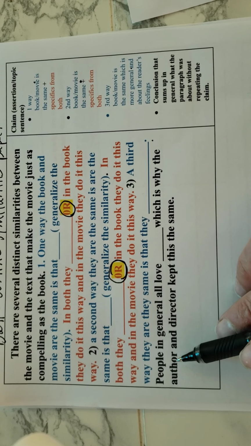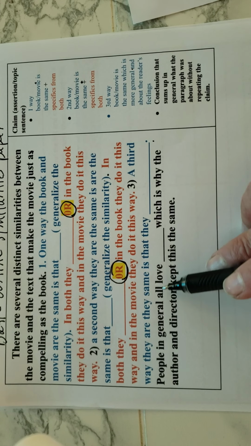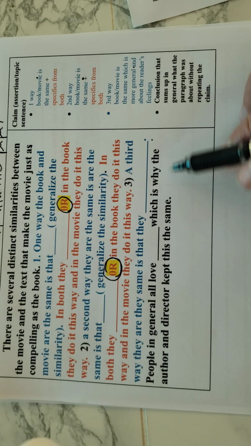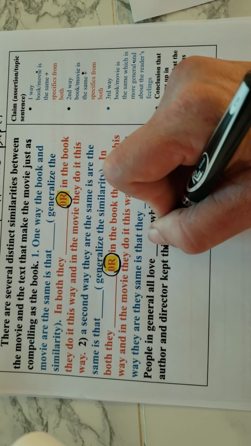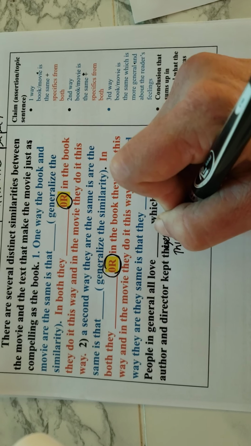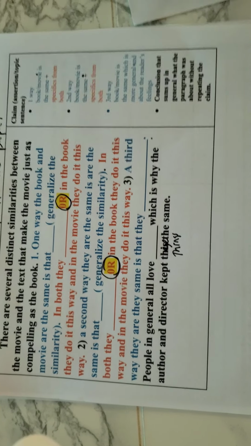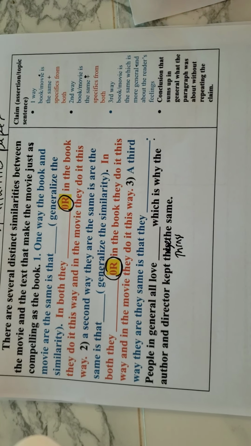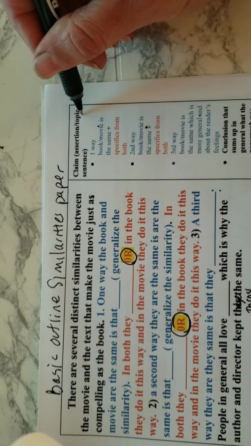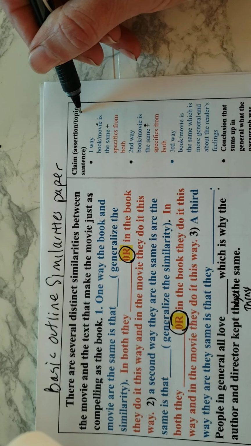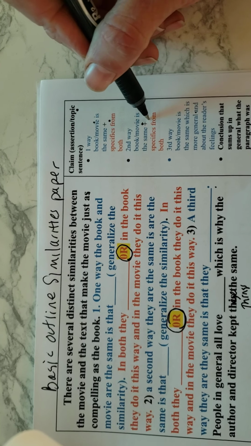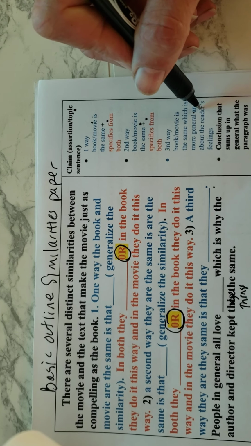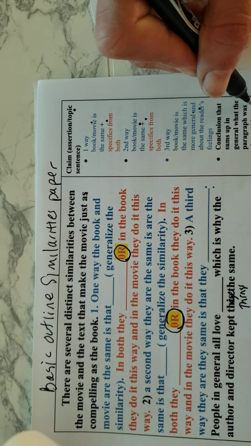Then a concluding statement. People in general all love something, which is why the author and the director kept this the same. This should say these things, kept these things the same, or these aspects. So you've got, hey, there's similarities between the movie and the text. One similarity is this, another similarity is this, another similarity is this, and then you sum it all up.